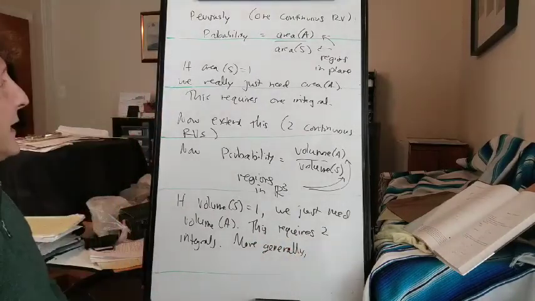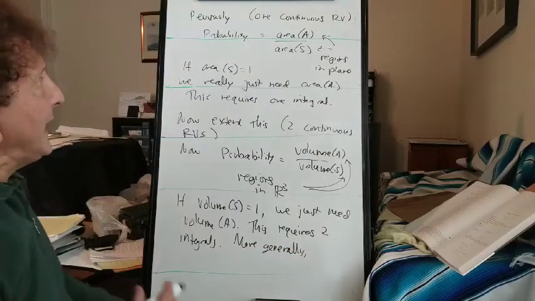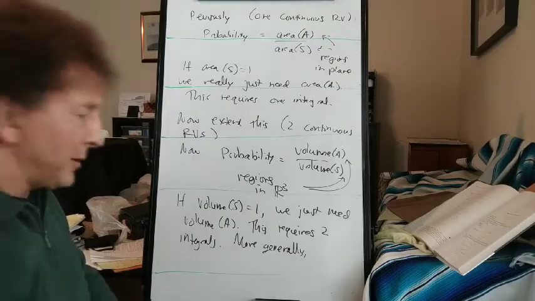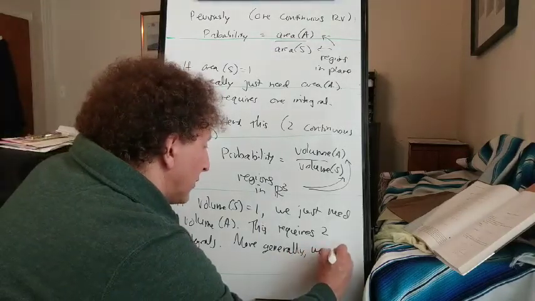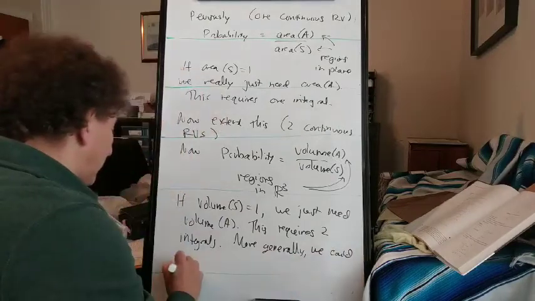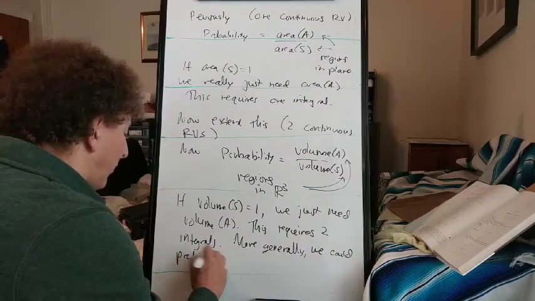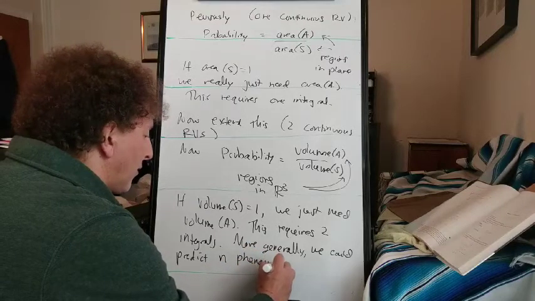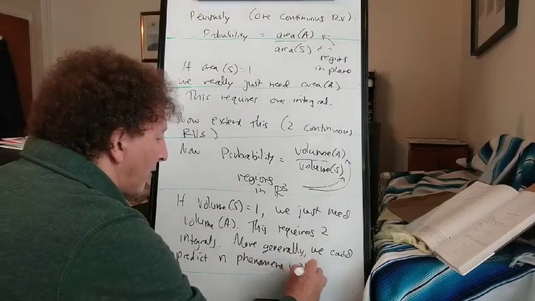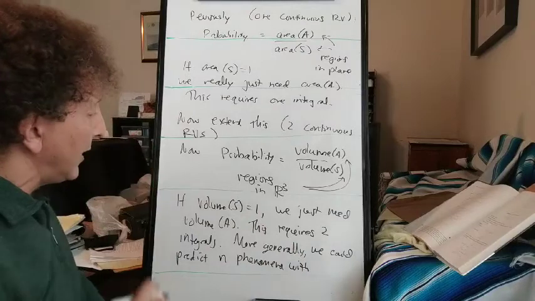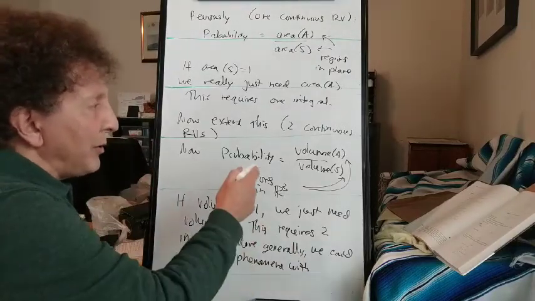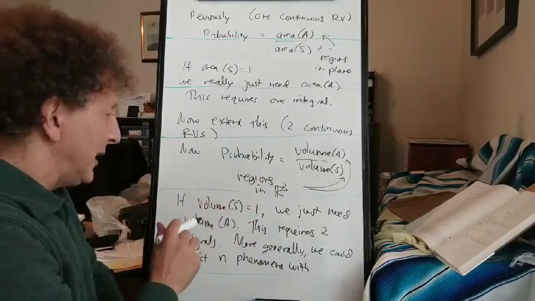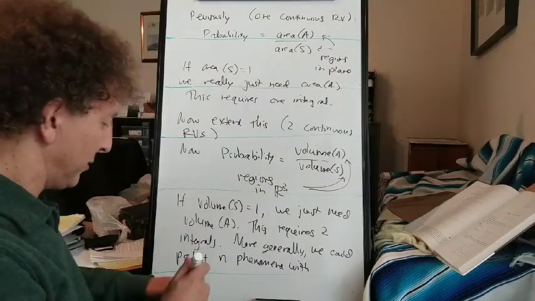So more generally, I guess we could want to predict n simultaneous continuous phenomena. In that case, we'd still be using volume, but it would be an n plus 1 dimensional volume.